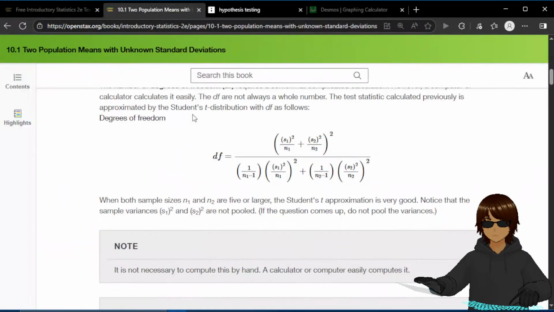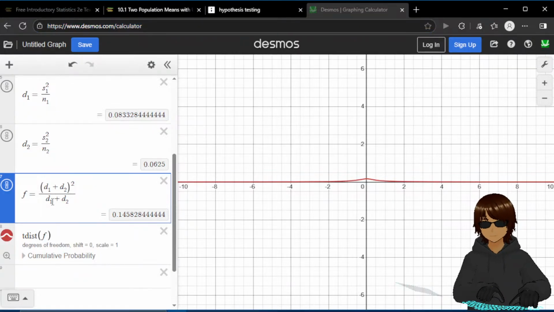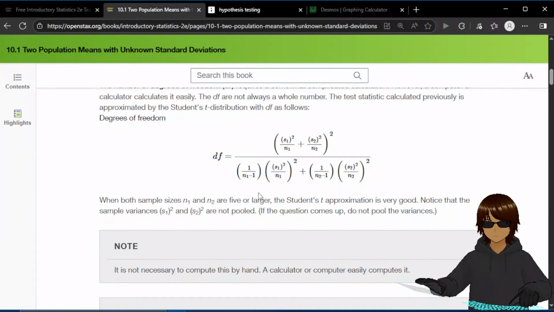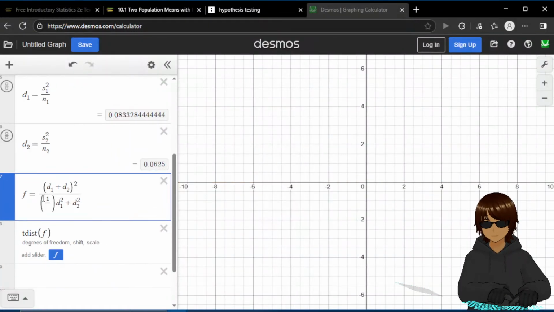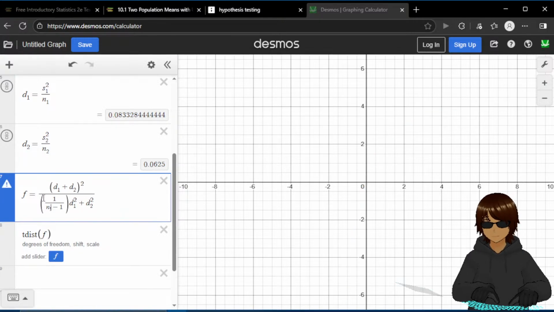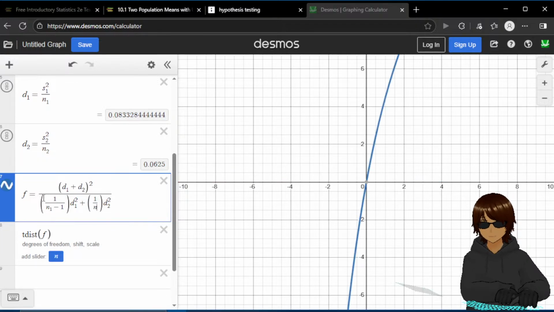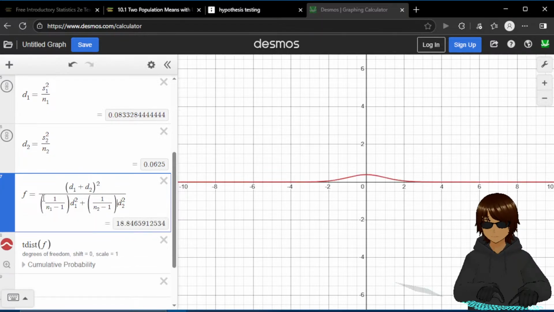Hold on, let me see. One over n1 minus 1, 1 over n2 minus 1.